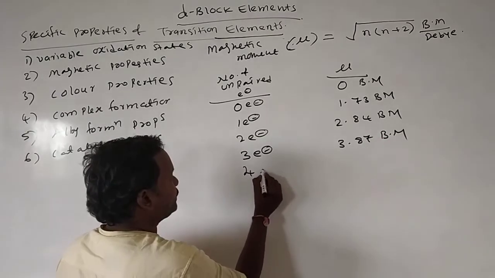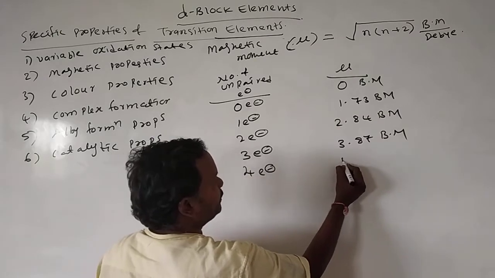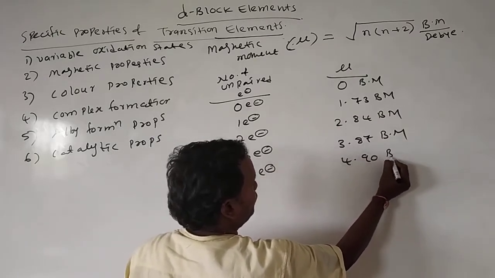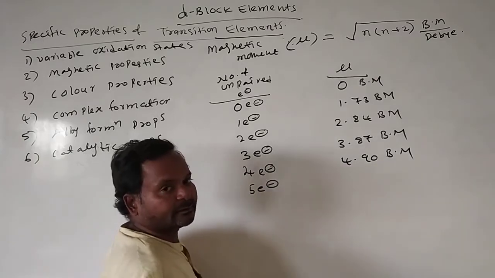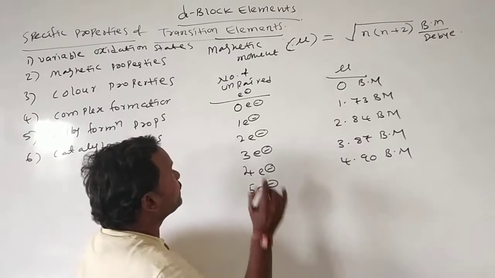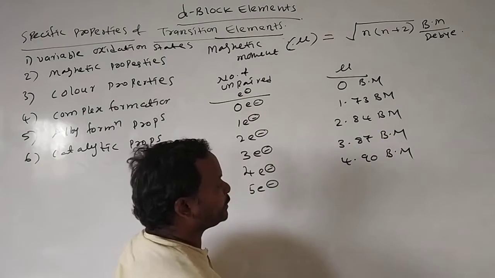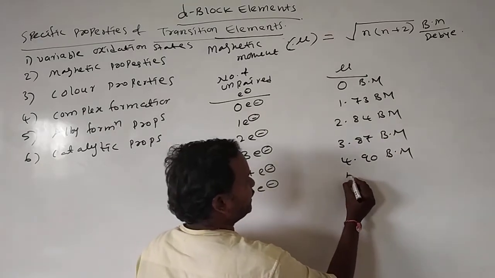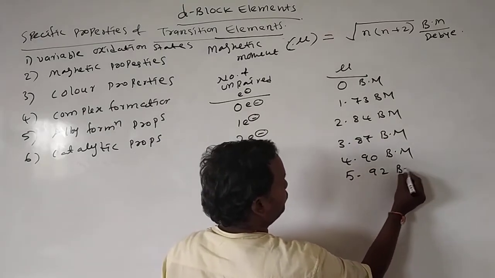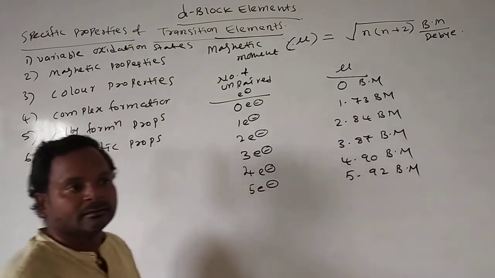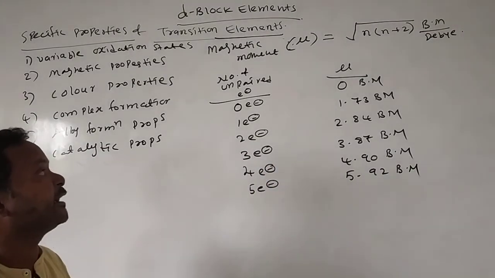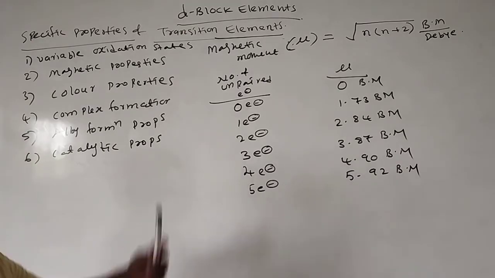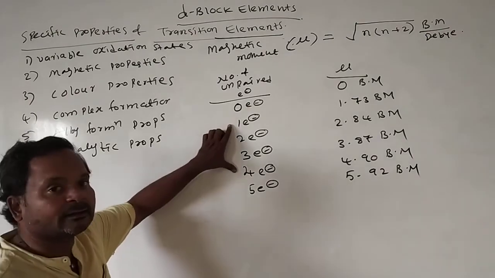If 4 lone electrons, 4.90 Bohr magnetons. If 5 unpaired electrons are present in the molecule or element, the magnetic moment is 5.92 Bohr magnetons. These are the different values for different elements based on the number of unpaired electrons.